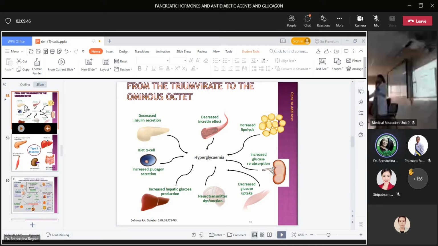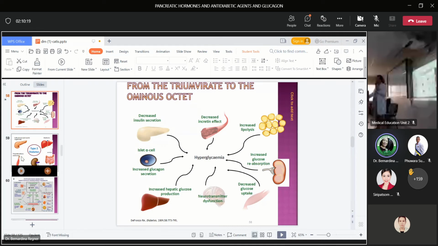Decreased insulin secretion, decreased incretin effect, increased lipolysis, increased glucose reabsorption, decreased glucose uptake, neurotransmitter dysfunction, increased HGP or hepatic glucose production, and increased glucagon secretion in the islet alpha cell. Okay? I hope you are following this ominous octet.